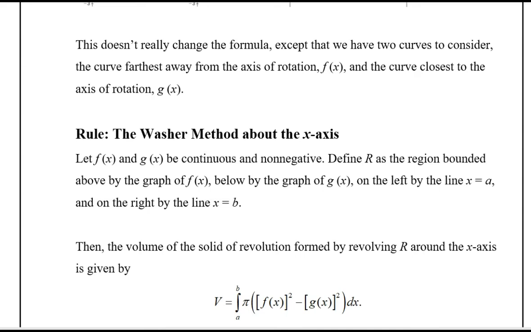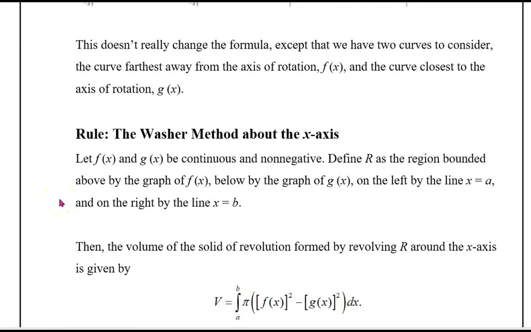We define R as the region bounded above by the graph of f of x and below by the graph of g of x. In the picture we were looking at previously, the axis of rotation is furthest away from the square root of x. This becomes the outer curve f of x. The inner curve is given by the curve that was y equal to 1. This is often called g of x.